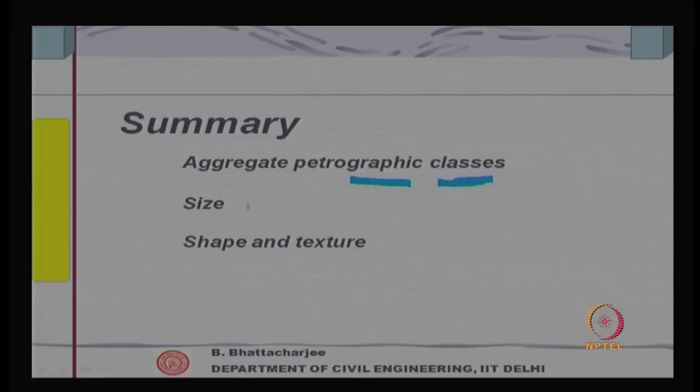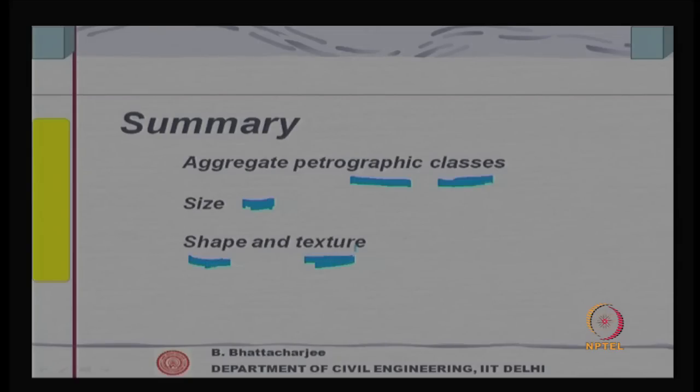Of course, mineralogical composition or parent rock type governs also the shape, because rounded aggregates depend upon their grain structure and of course, hardness of the parent rock. So, petrographic classes are important from that point of view.